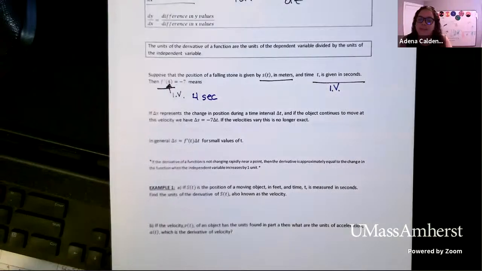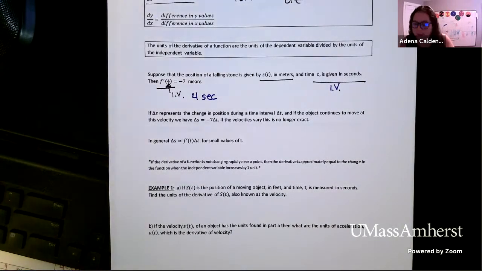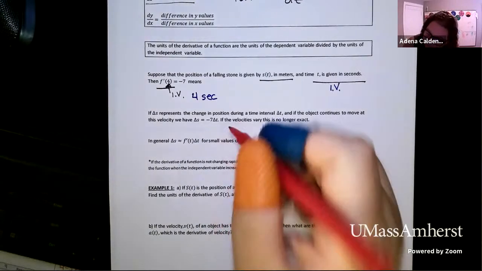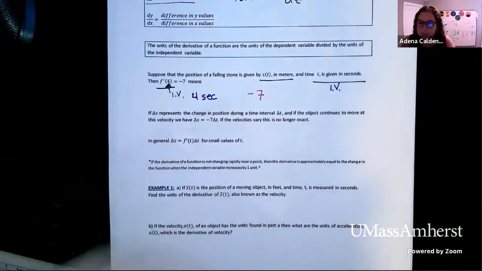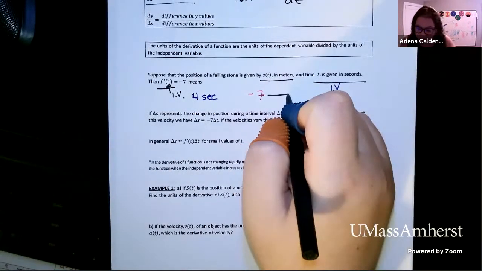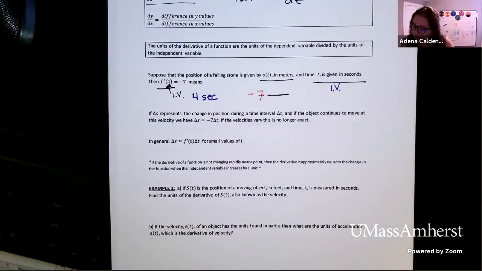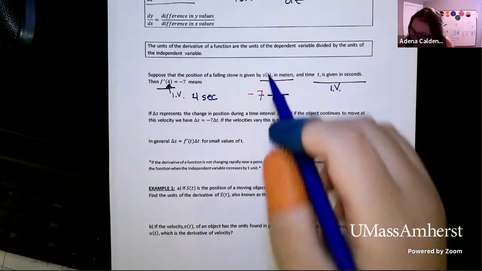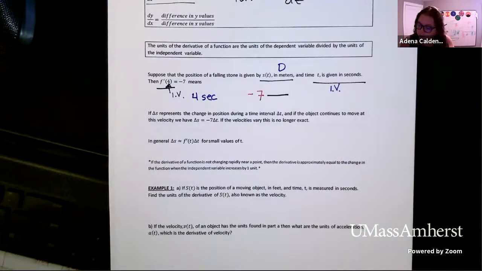Now, the -7 is the derivative value. So the -7 is where we have to apply this idea that our units are going to be the dependent units over the independent units. My dependent units here have to do with the dependent variable, which is S of t, and those units were in meters.